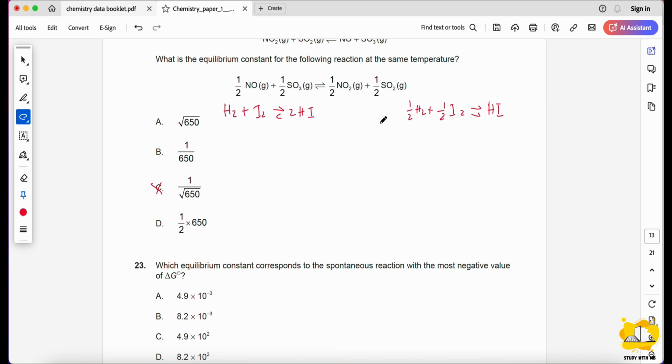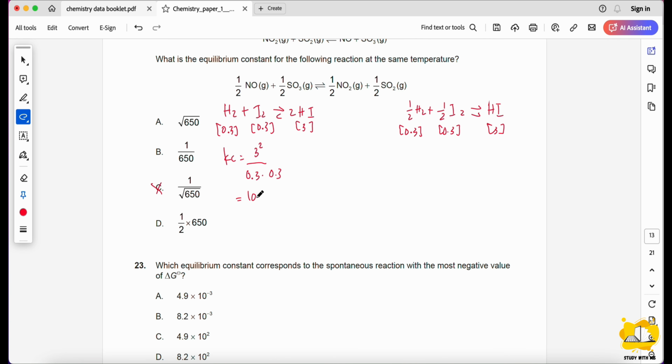Okay, so this is half of the coefficient with the same concentration. So Kc will be 3 to the power 2, because the coefficient is 2, and 0.3 times 0.3 because the coefficient is 1 for both.